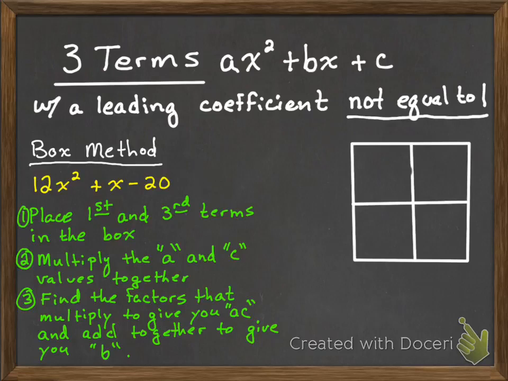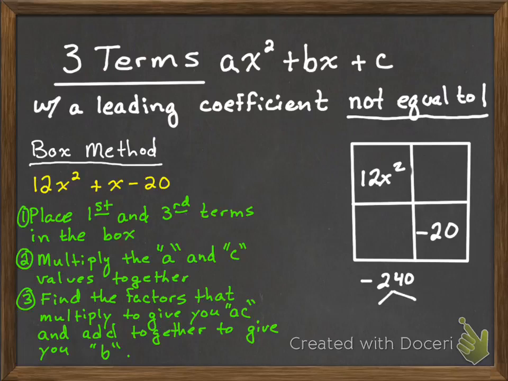So the way we do this is we put the first term in the top left box. So we got a 12x squared here. The last term, which is negative 20, goes in the bottom right box. We then multiply those two numbers together, which will give us negative 240.